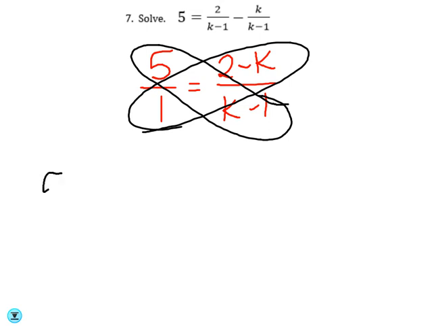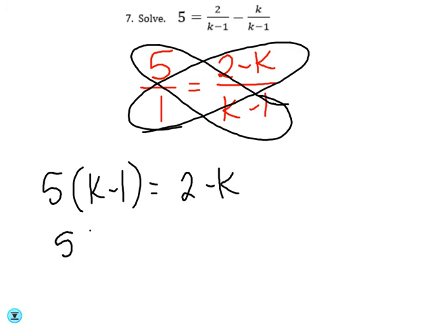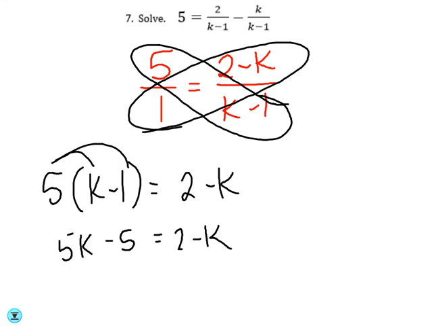So I'm going to do 5 times k minus 1 is equal to 2 minus k, because it would just be multiplied by 1. Let's try that again. 5k minus 5, because we distributed, is equal to 2 minus k.